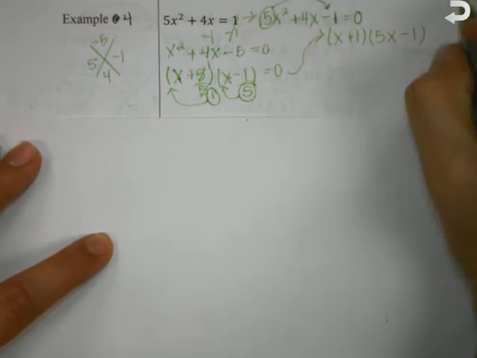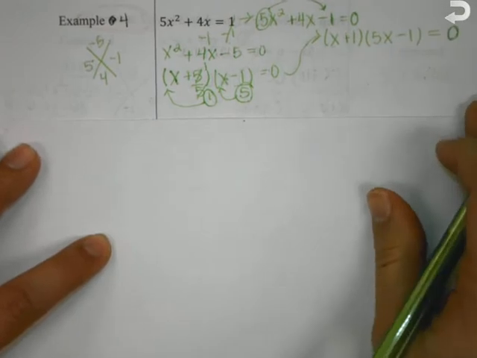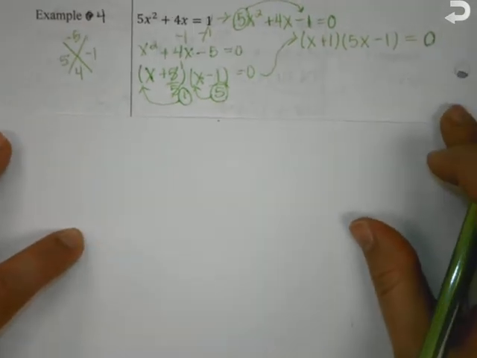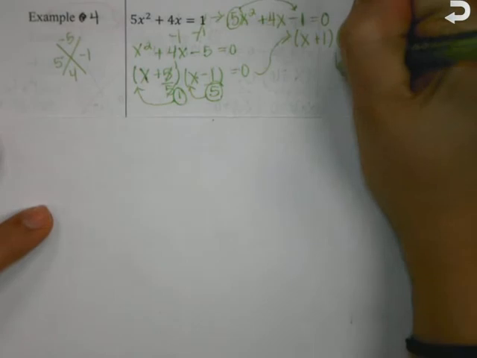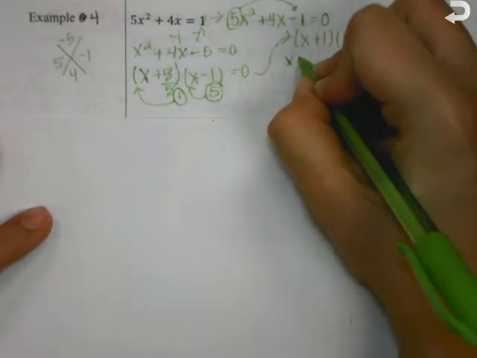Now remember, solving means I have x equals something as an answer. So this is step 3. Now everything is the same again. What do I do next? Tegan? Set each one equal to 0, right? So x plus 1 equals 0. 5x minus 1 equals 0.